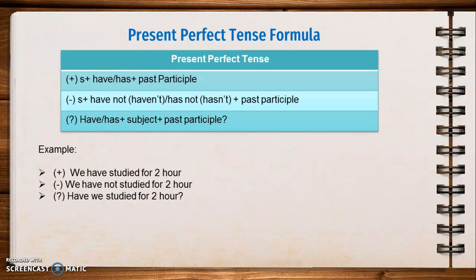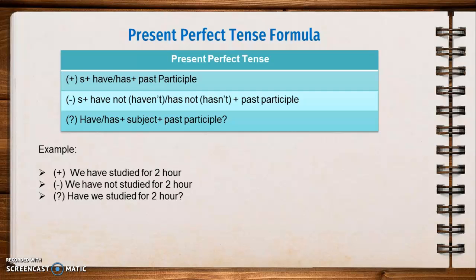Okay, present perfect tense formula. There are three forms of present perfect tense. These are positive sentence, negative sentence, and question sentence. For positive sentence, we can arrange the formula as subject plus have or has plus past participle.